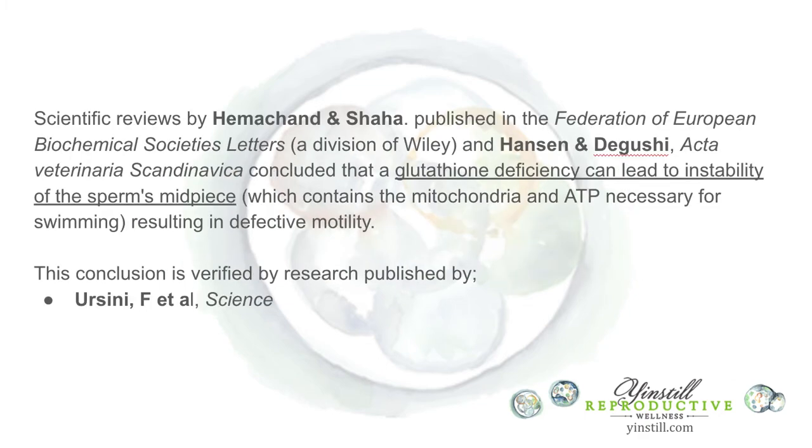Scientific reviews by a couple of people, including Hemachand and Shaha, published in the Federation of European Biochemical Societies Letters, which is a division of Wiley, and another group, Hansen and Deguchi, published in Acta Veterinaria Scandinavica, concluded that a glutathione deficiency can lead to instability of the sperm's midpiece, which contains the mitochondria and the ATP that's necessary for whipping the tail so it can swim, and which obviously results in defective motility.